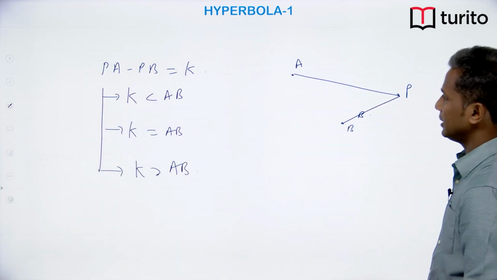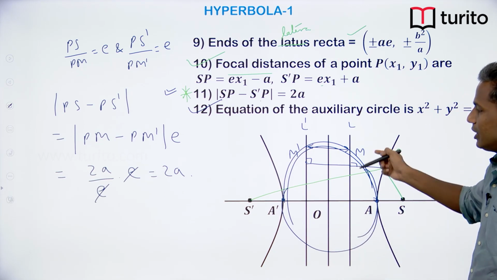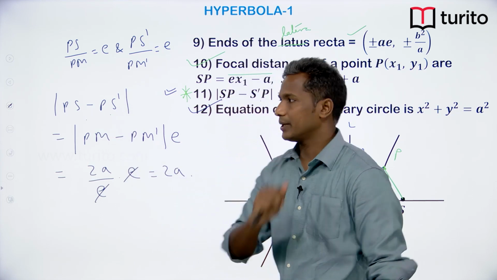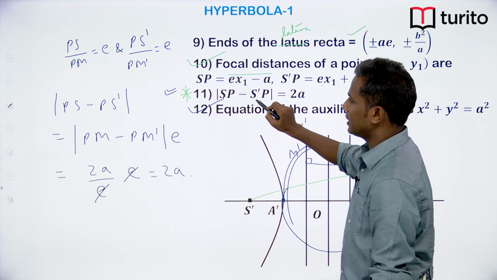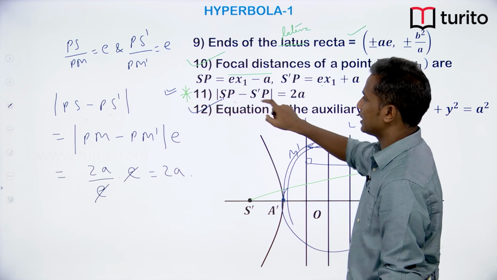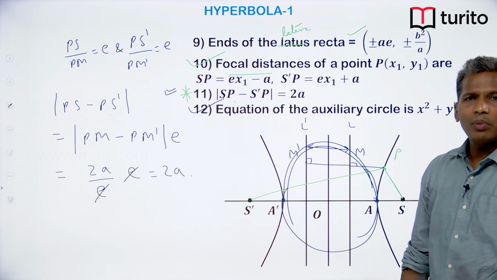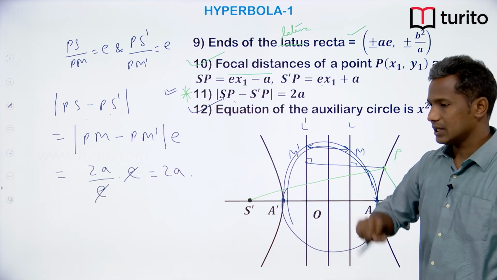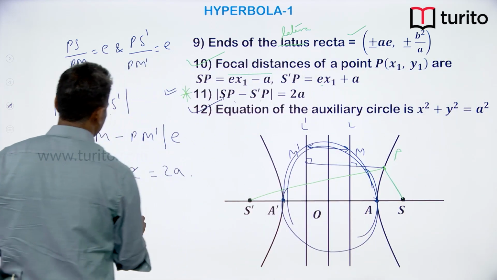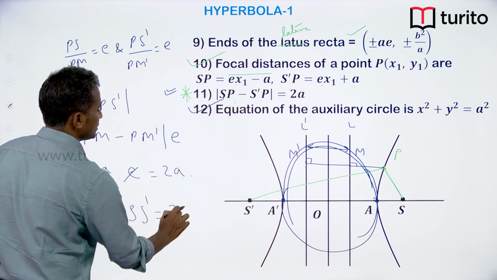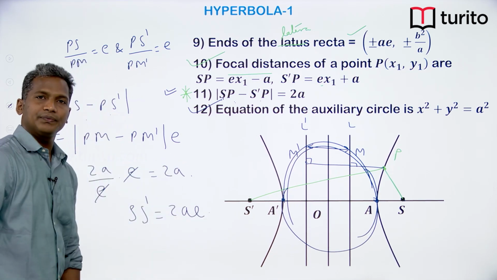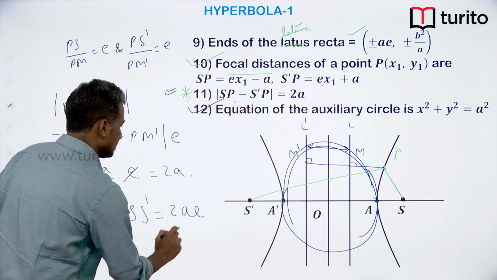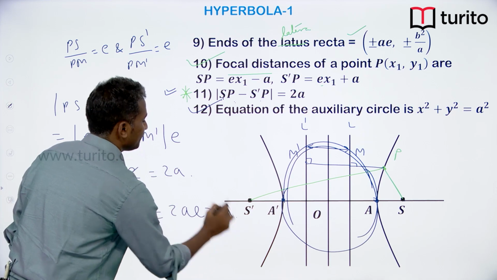Now, if you look at the earlier case, we understood that the difference between SP and S dash P is always 2a. But if we take the distance between the foci S and S dash, what is this distance? It is 2ae. Here, if you notice, this 2ae is definitely greater than 2a.